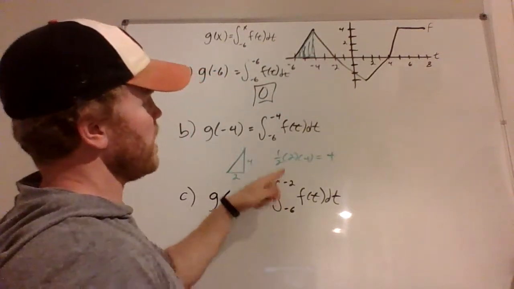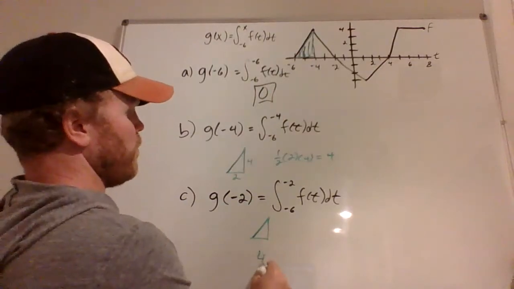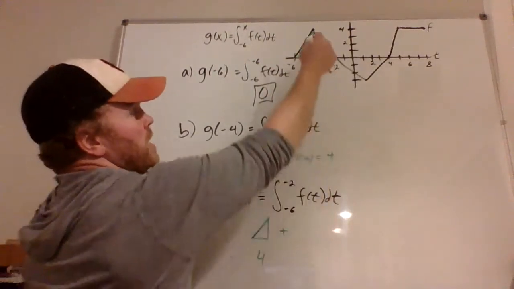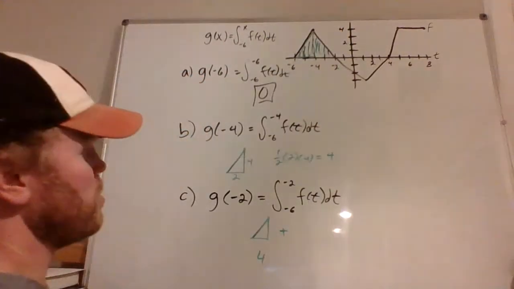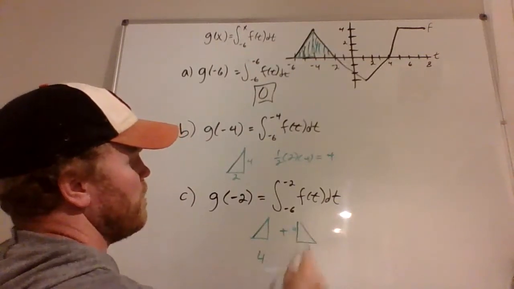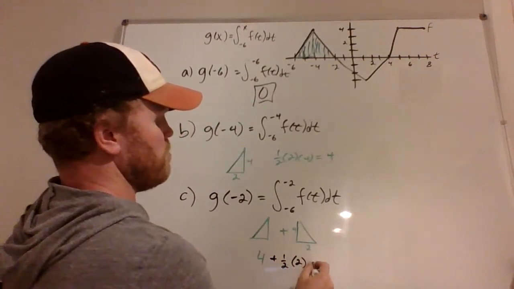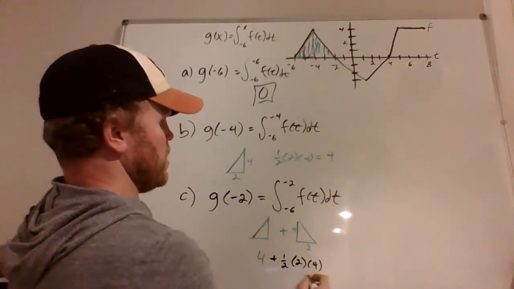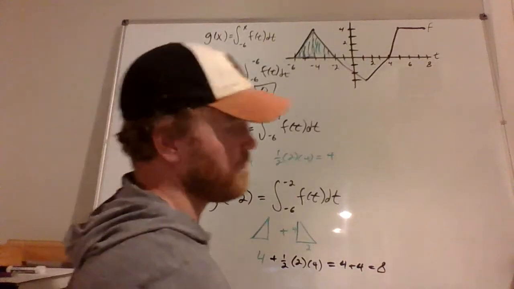But from -6 to -4, we already are talking about this much area, which we already know is 4, and then we accumulate more area when we go from -4 to -2. So we're going to accumulate a second triangle, which has a base of 2 and a height of 4, so that's going to be plus an extra 1/2 of 2 by 4, which is another 4, so that should wind up being 8.